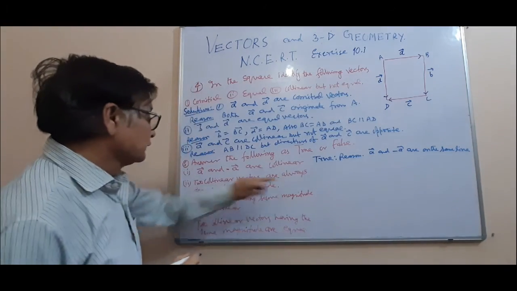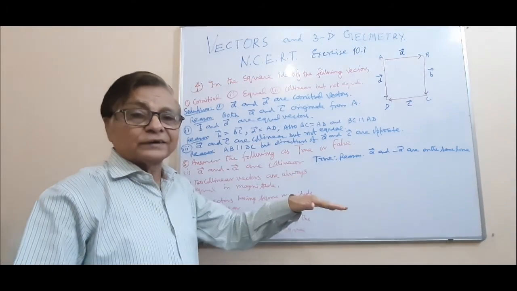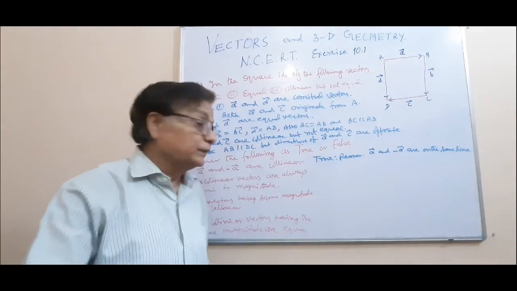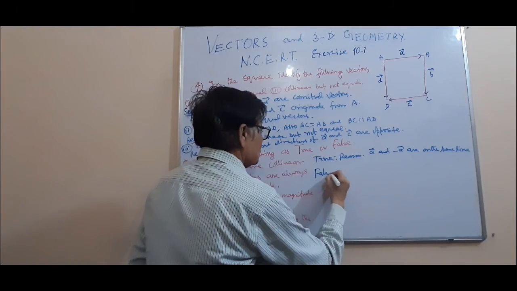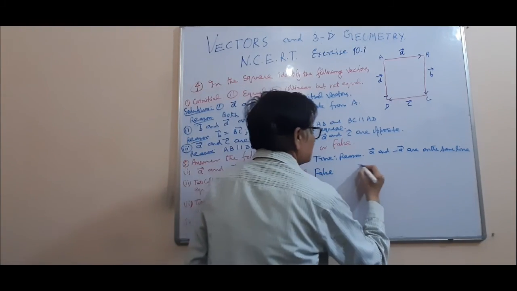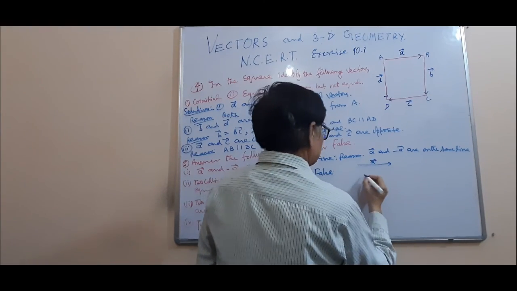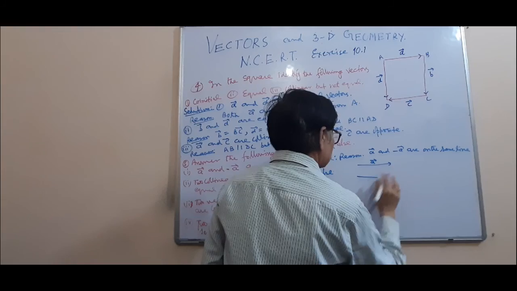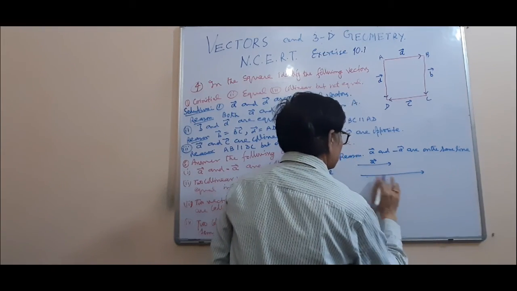Second, two collinear vectors are always equal in magnitude. If there are two collinear vectors, means parallel to the same line, they will always be equal. It is false. We can see here is vector a and another is vector 2a.